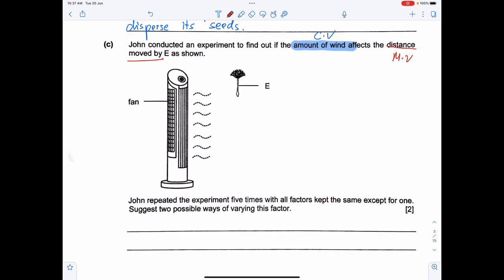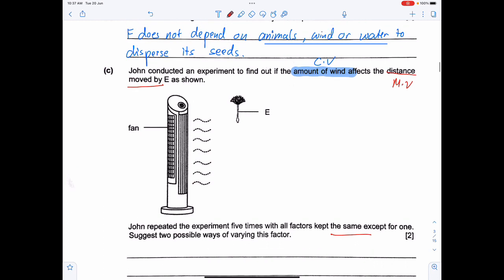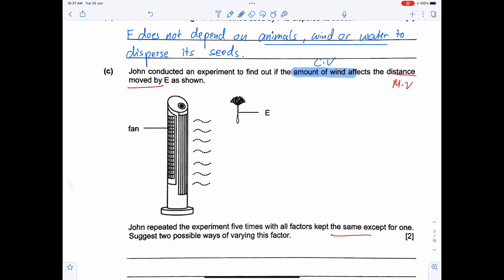Now, John repeated the experiment 5 times with all the factors kept the same, except for one. Suggest 2 possible ways of varying this factor. So remember, because I told you to highlight the change variable, the change variable is actually the amount of wind. So the method that you suggest has got to do with the amount of wind.